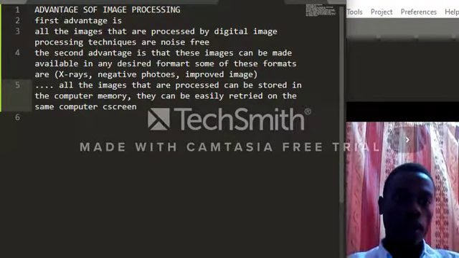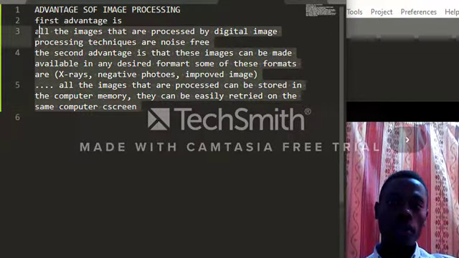So those are the advantages of image processing.